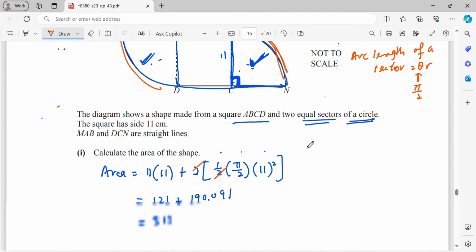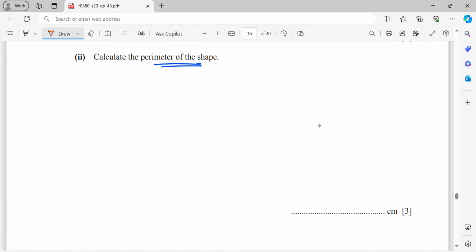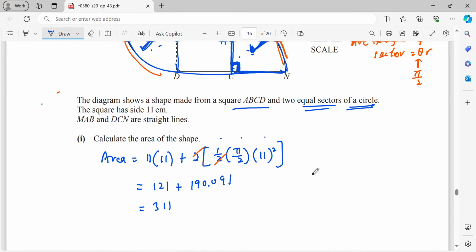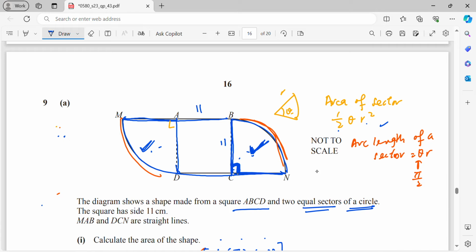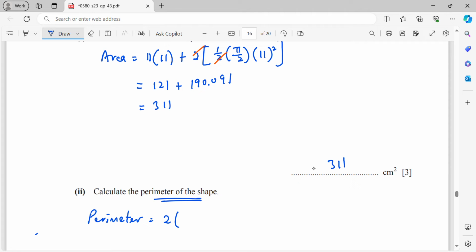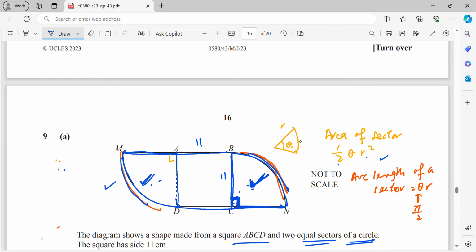Now I will write perimeter equals double of theta r. So pi over 2 times r, which is 11. Then plus, these two are counted already.